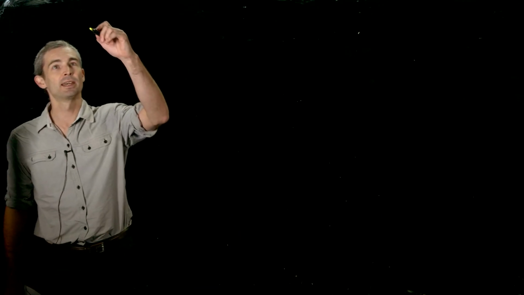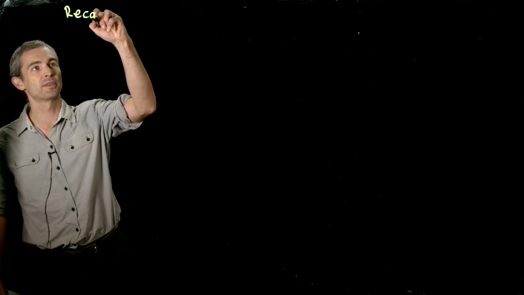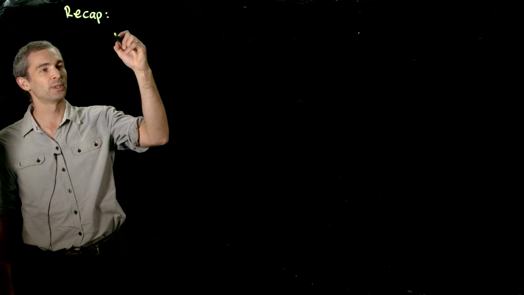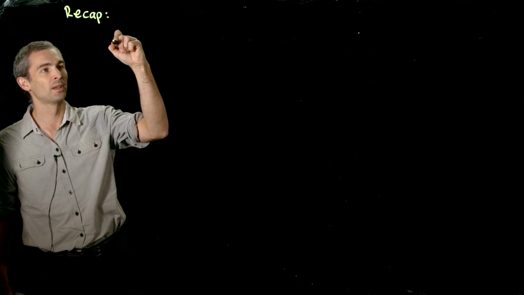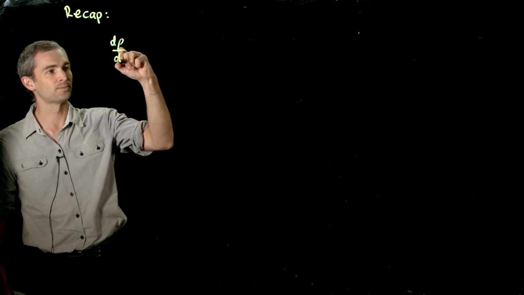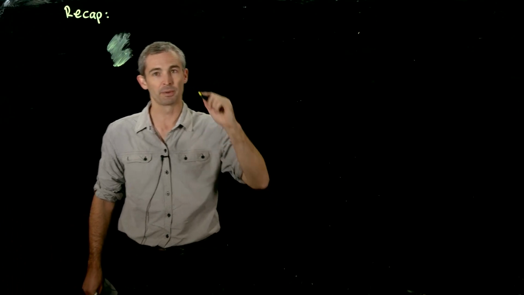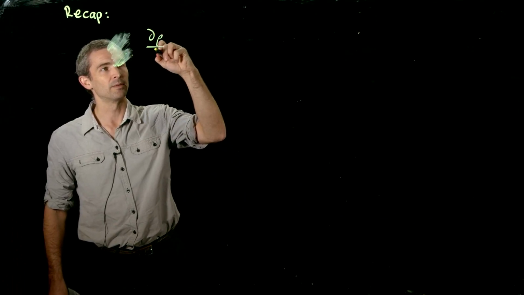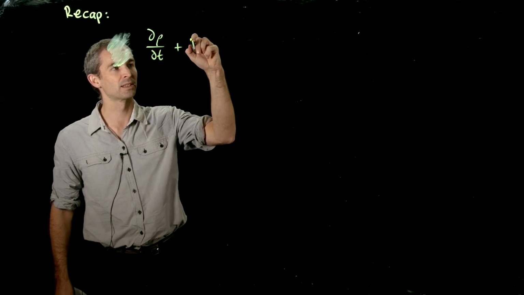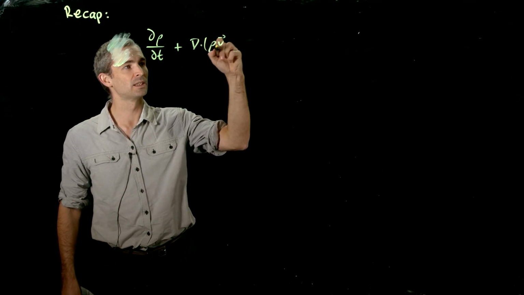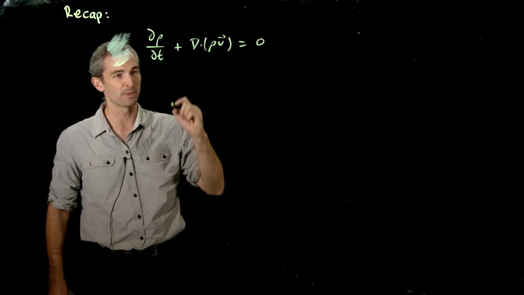So last lecture, if you remember, we discussed the basic equations of hydrodynamics. I'm going to write them in Eulerian form, because it's just more helpful for where we're going. So d rho dt plus div rho v equals 0 is our conservation of mass.